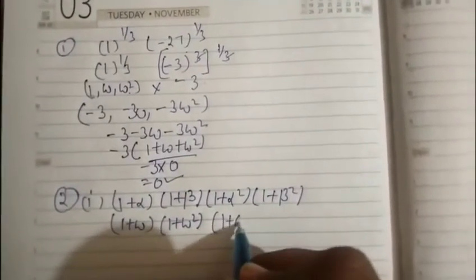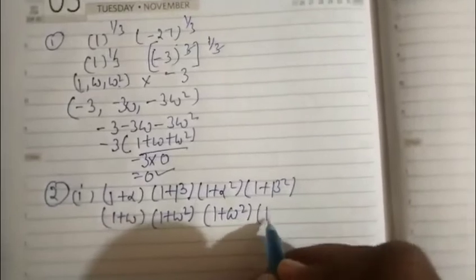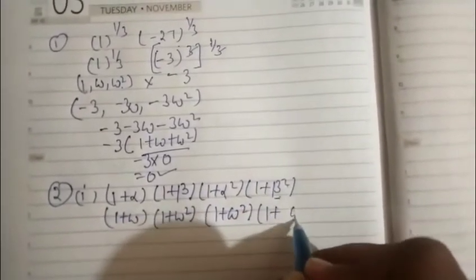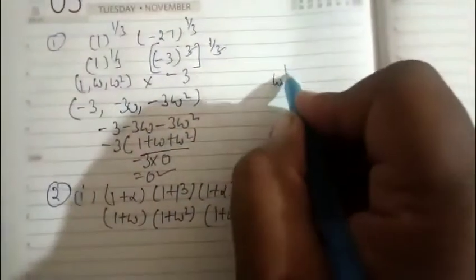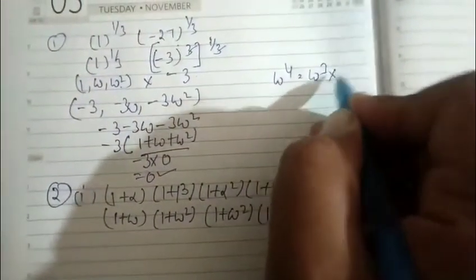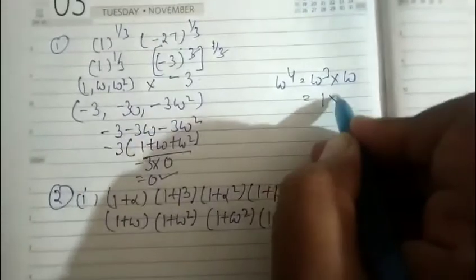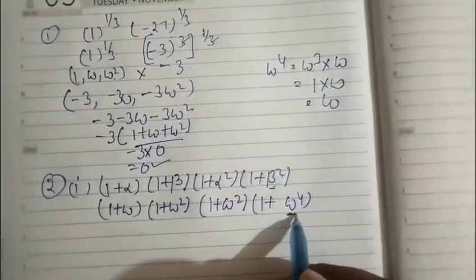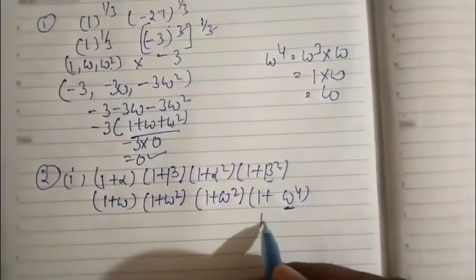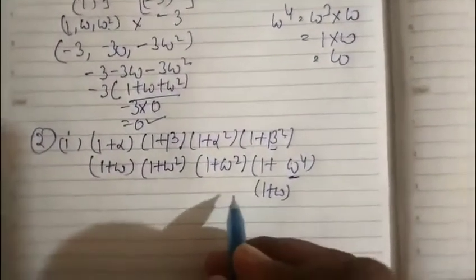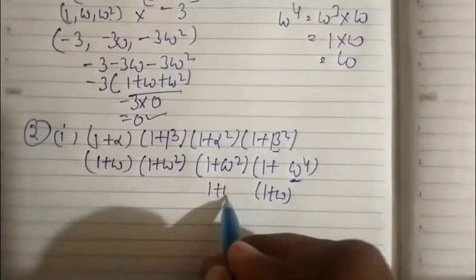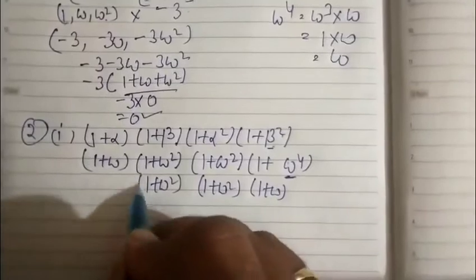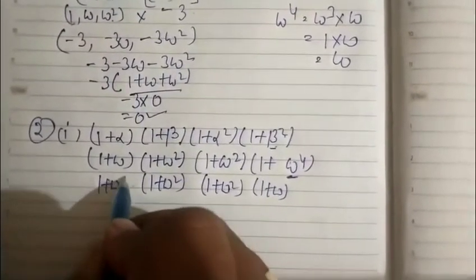So in place of alpha, omega; 1 plus beta square whole square means omega to the power 4. Omega to the power 4 can be written as omega cube into omega. Omega cube is 1, into omega means omega. So this is 1 plus omega, 1 plus omega square, 1 plus omega square, and 1 plus omega.